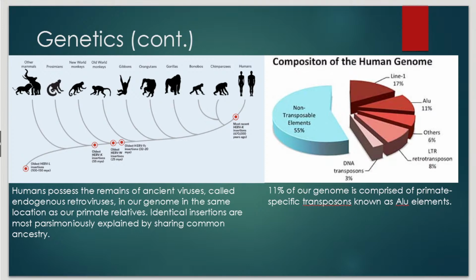The argument is these unique inserts have a very, very low probability of being independently inserted into the same region of the genome. So the fact that they are there in the same region for different species is indicative of common ancestry. That's the point. It has nothing to do with whether or not they're functional.